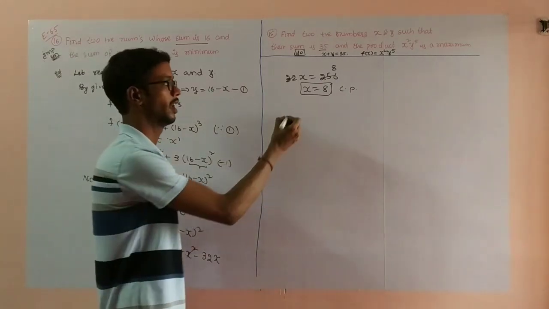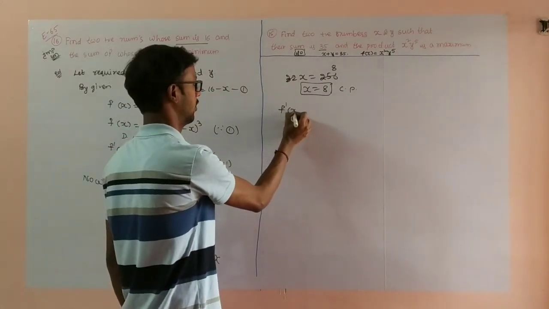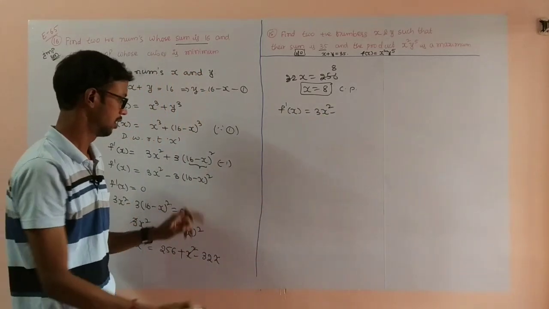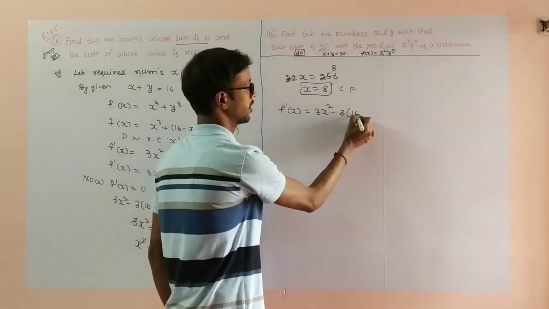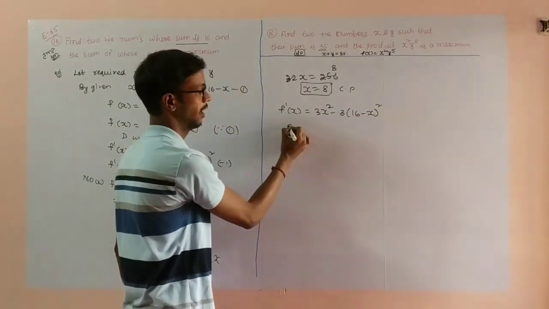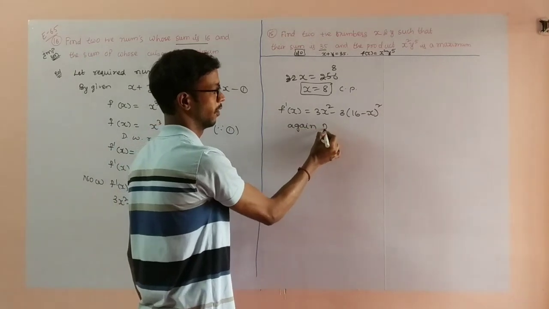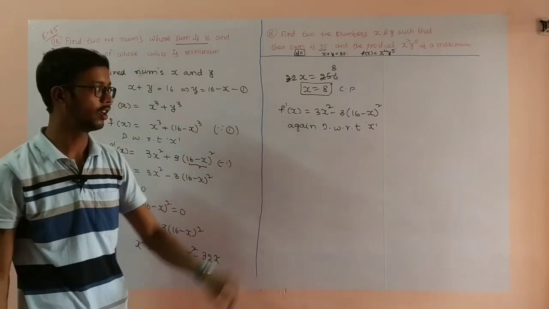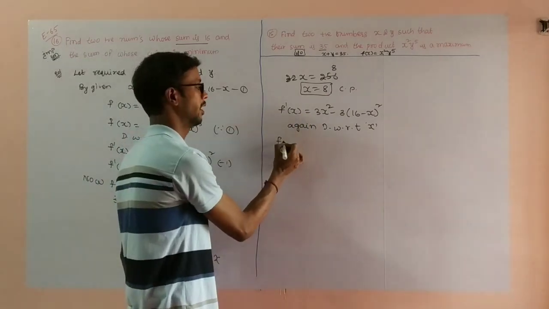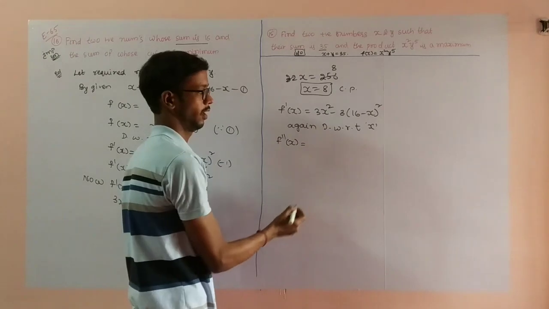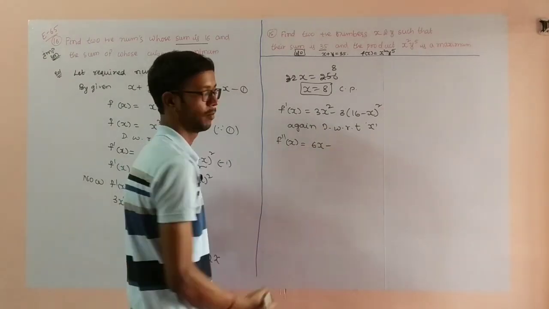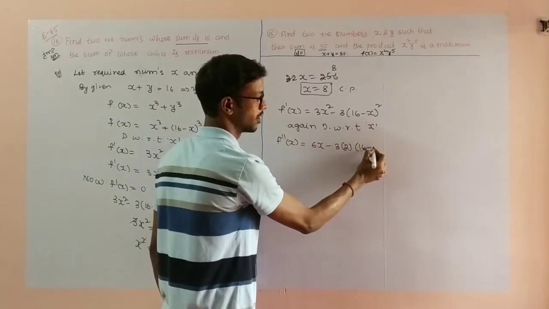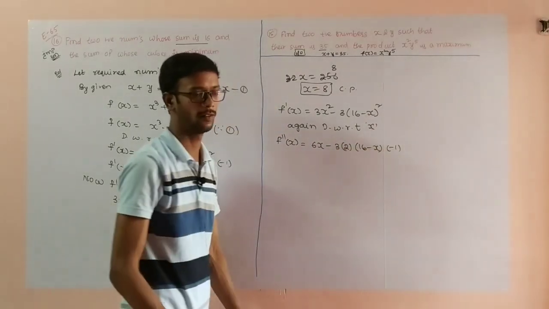Now we have to find the double derivative. F dash of x is equal to 3x square minus 3 into 16 minus x whole square. Again derivative with respect to x. What will you get? F double dash of x is equal to 6x minus 3 into 2 into 16 minus x into minus 1.